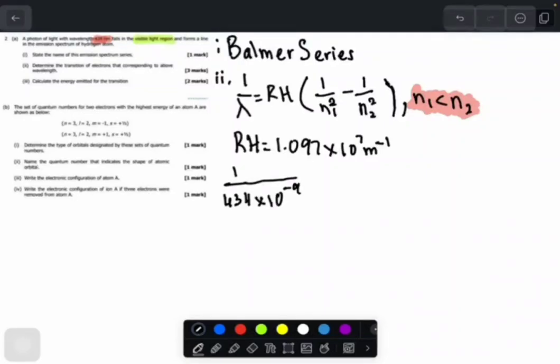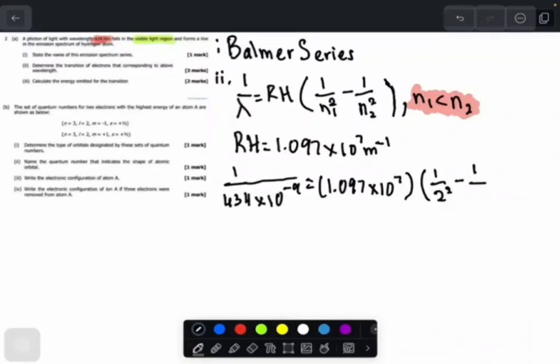So we're going to equate it with the Rydberg constant, which is 1.097 times 10 to the power of 7, and then 1 over n1 squared. n1 is going to be 2, because for the Balmer series the lowest level is 2, so it's going to be 2 squared, and that's why n1 will always be less than n2. n2 is the one that we're going to find now, and we don't know from where it dropped to 2.